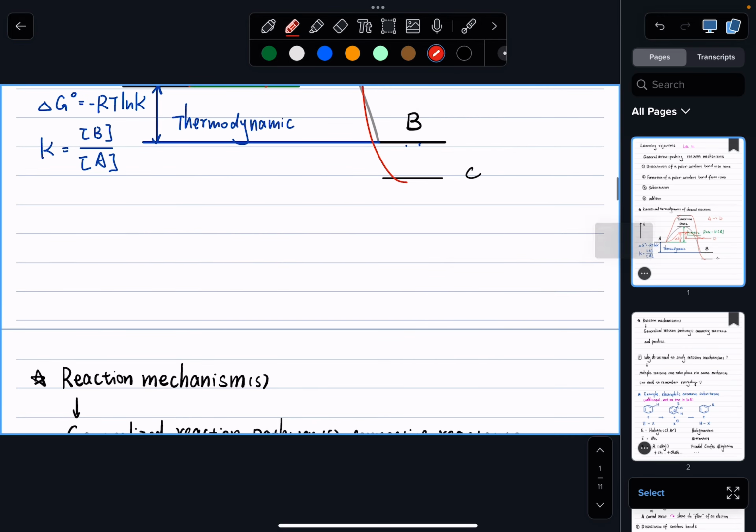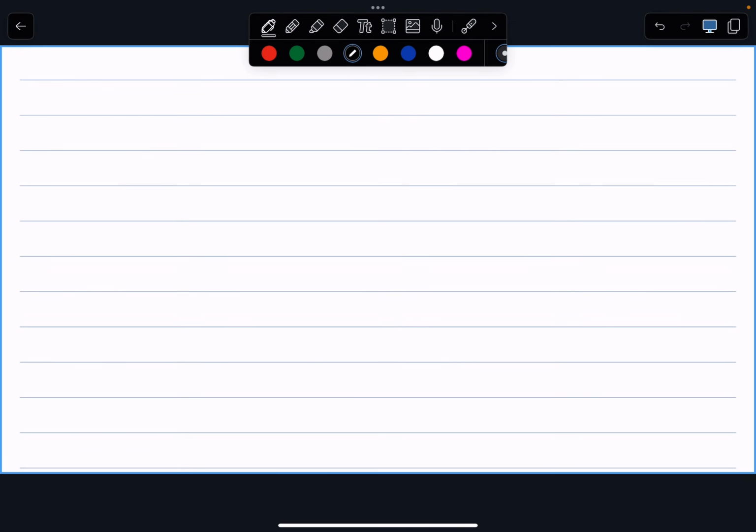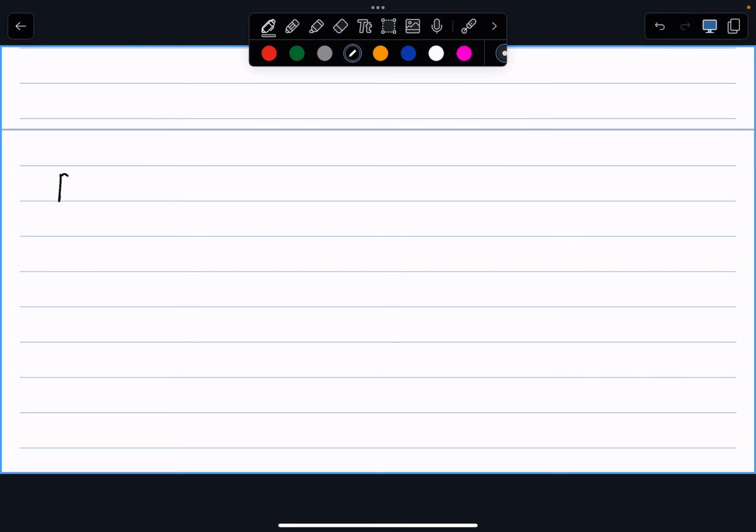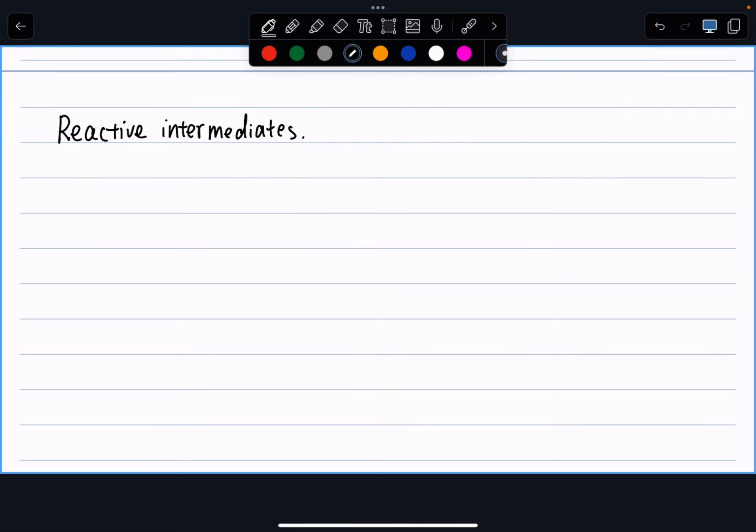Secondly, before we go into the arrow pushing, there's another set of topics called reaction intermediates, or reactive intermediates. These are things we've been seeing in previous lectures, but today I want to give a quick summary of all the reactive intermediates that we discussed, the names of these intermediates, and their relative stability.